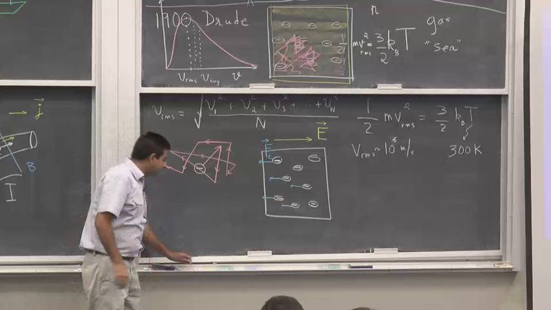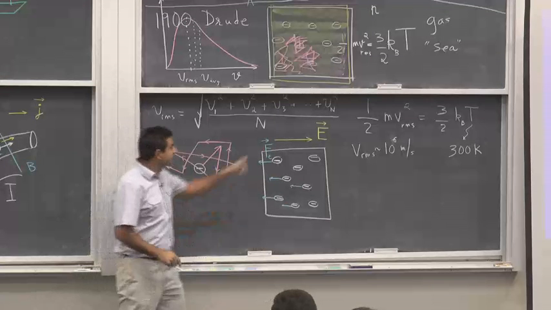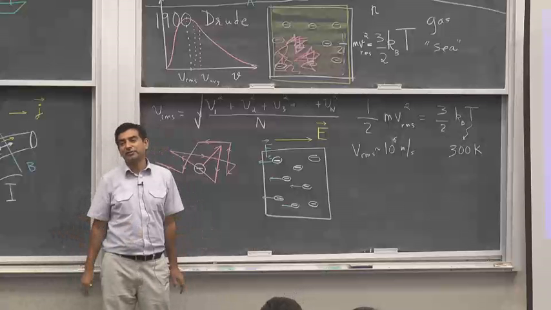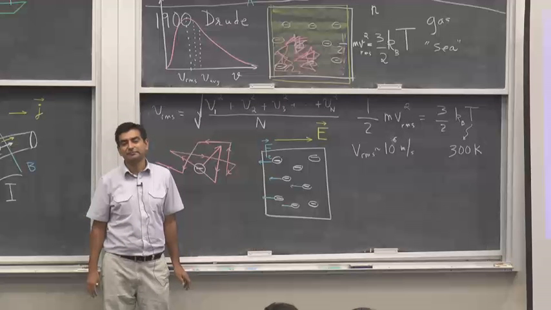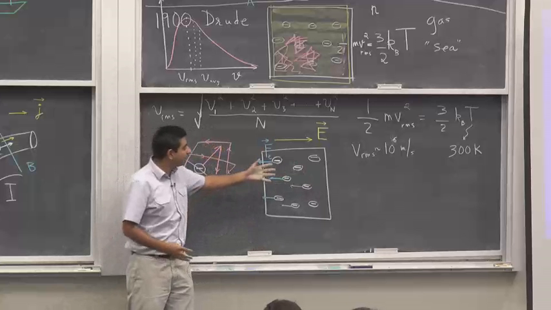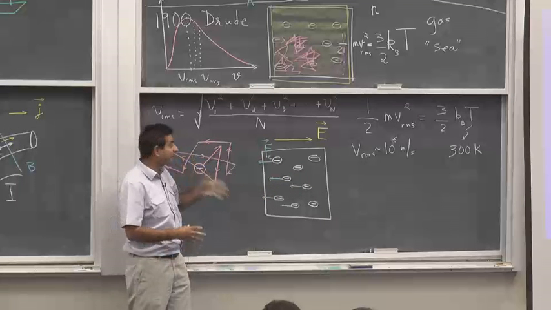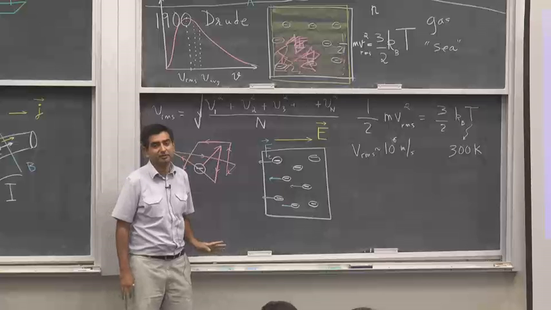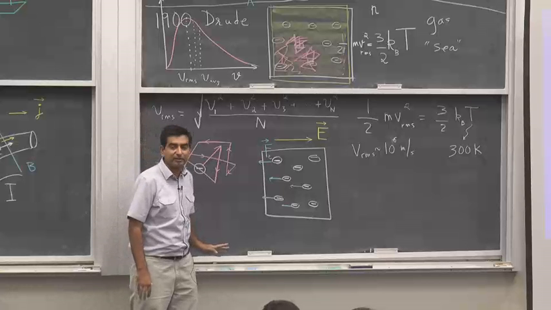Now there is a certain effect of this force. This force will tend to accelerate the electrons. Alright? Now each one of these electrons is going to preferentially move in the left direction. Okay?